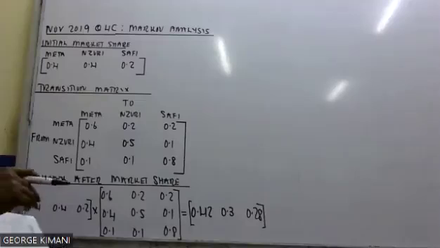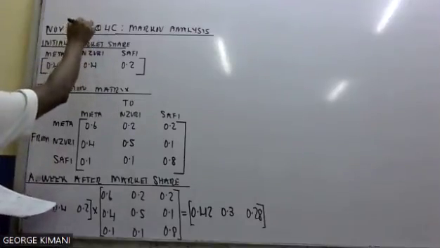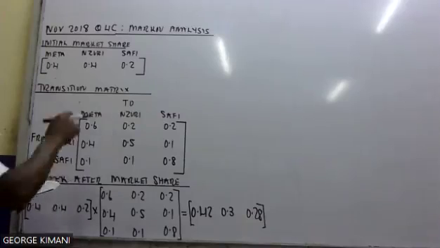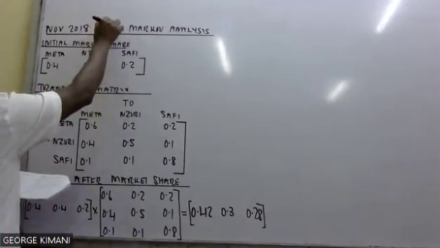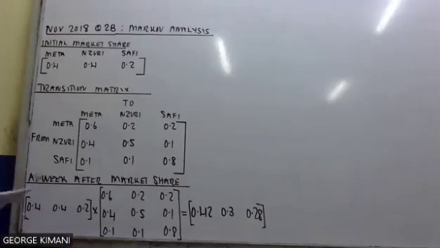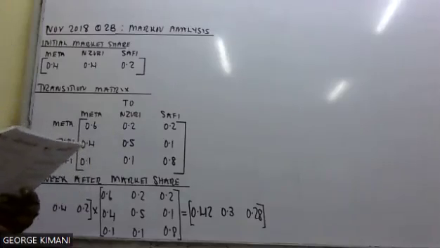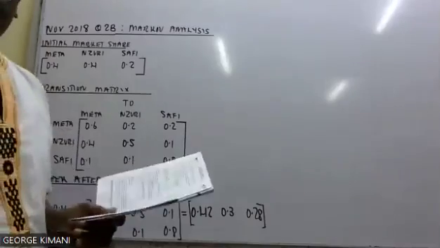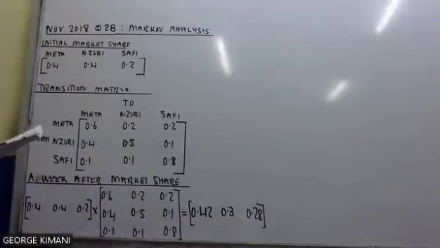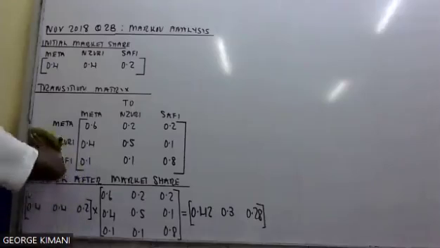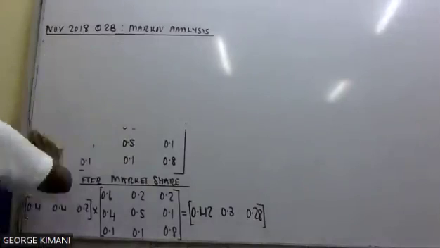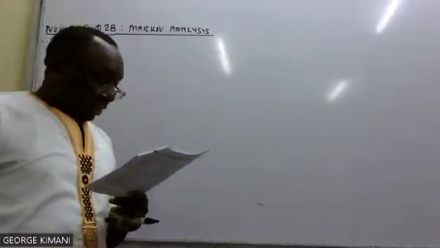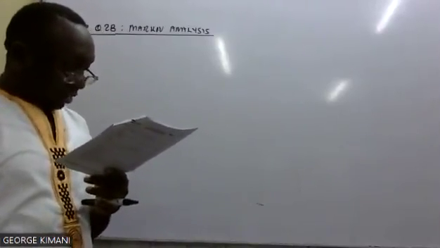Okay, so if we are fine there, let's run to November 2018. It is on page 27, question 2B. So it says XYZ Limited deals in the production of detergents.